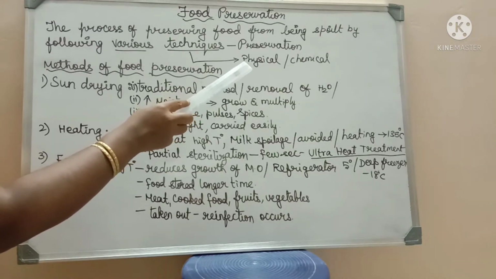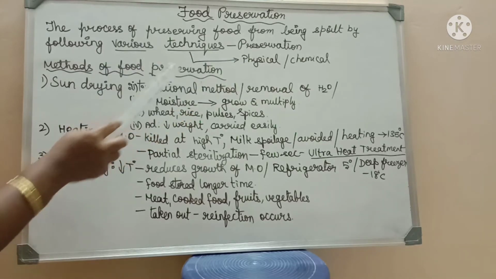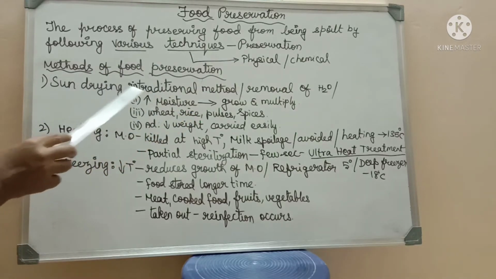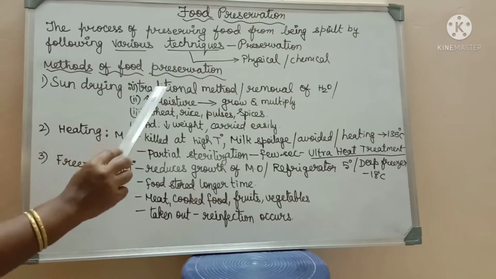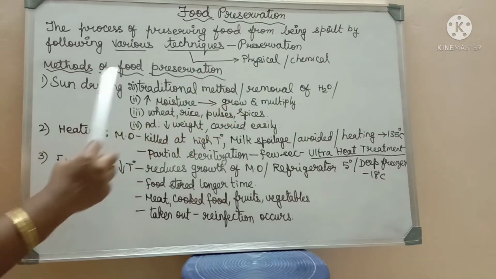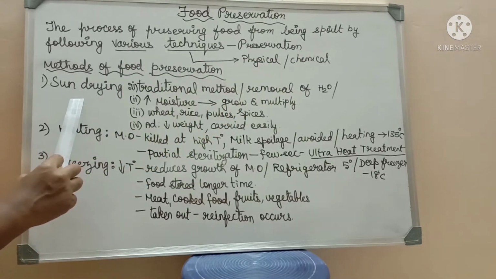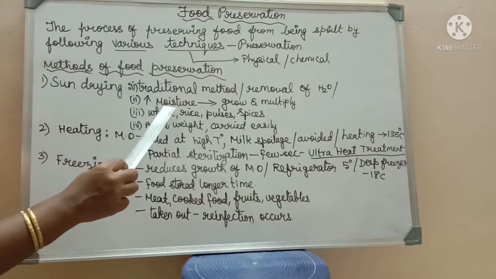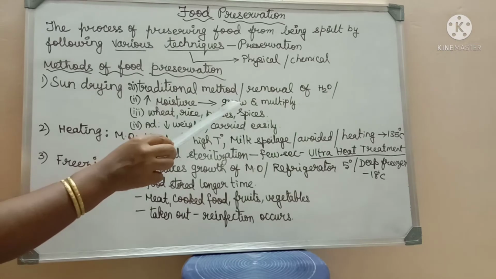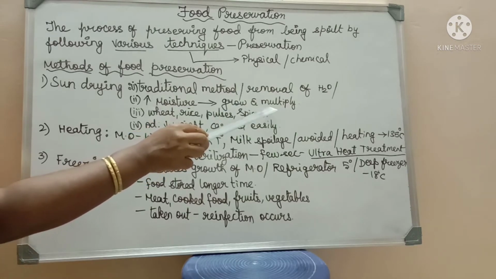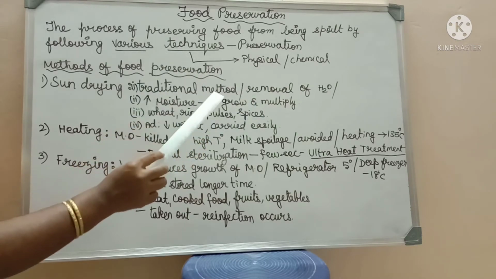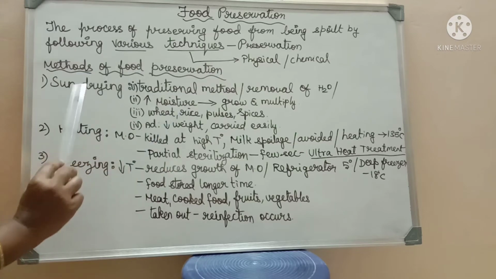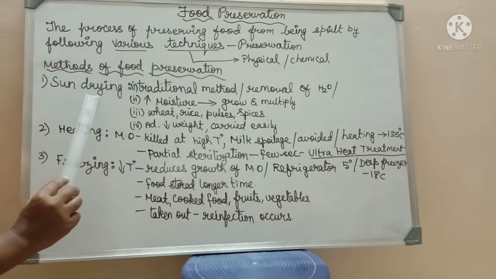Now we will see in detail the methods of preservation. Sun drying is the traditional method used to remove water from the foodstuff. When the foodstuff has a high quantity of moisture, microbes normally grow and multiply very fast. So, in order to avoid the growth of microbes, the food is dried under the sun.